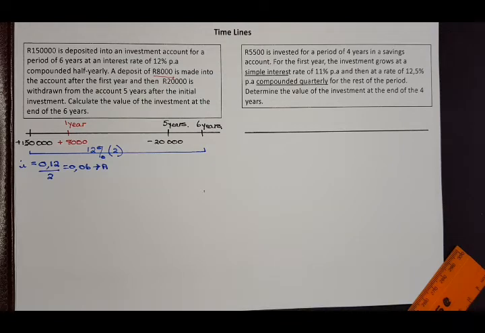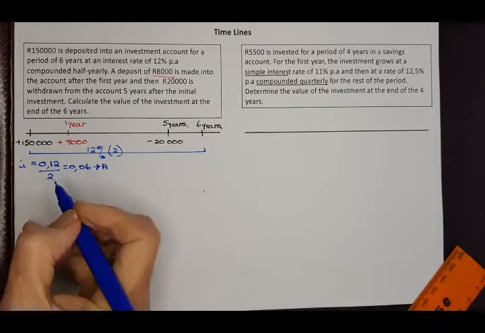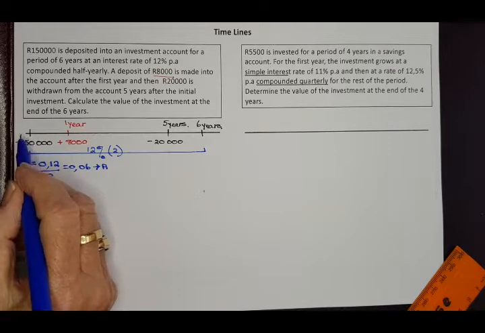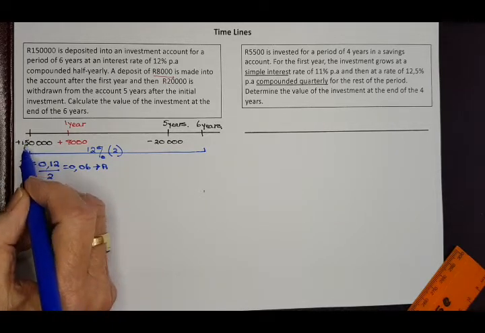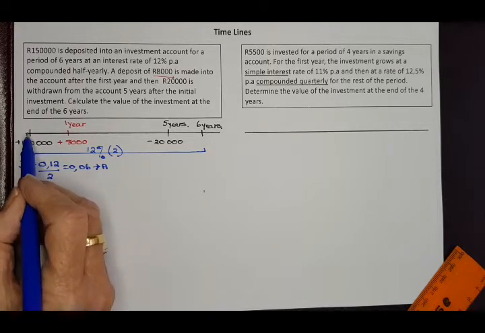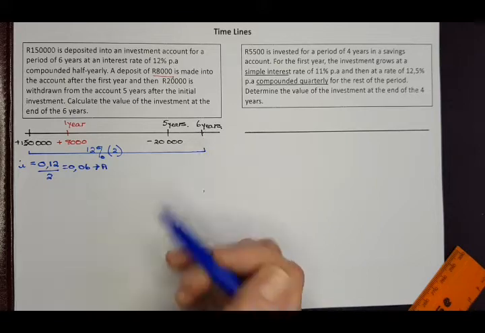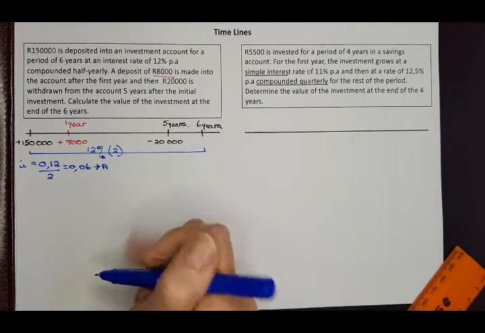Okay, so let's have a look and see what's actually happening here. Always take any investment from where it went in to the end of your timeline. Do not break the sum up into lots of little pieces. It gets far too complicated.